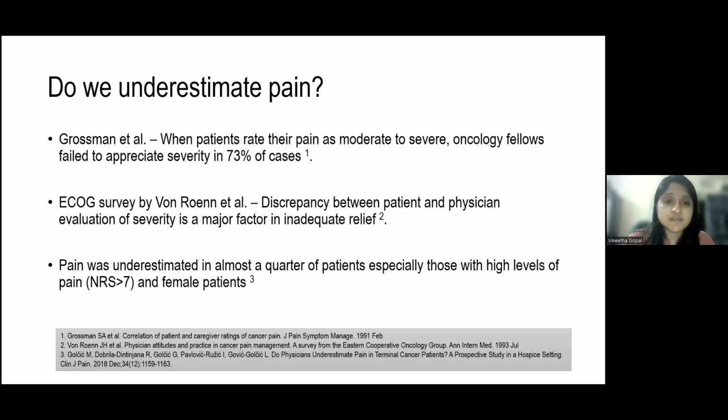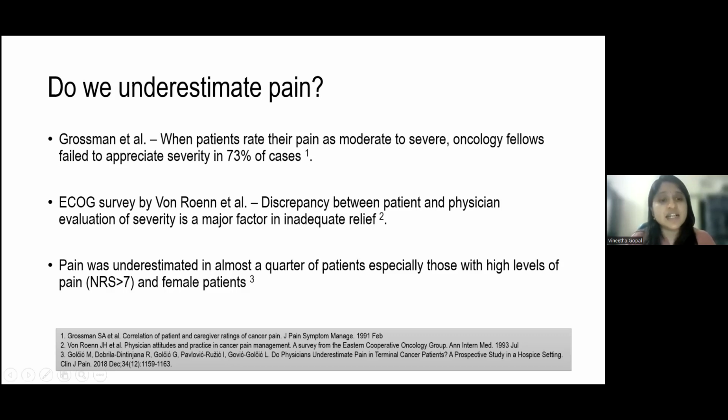And there is another survey which found a discrepancy between the patient and physician evaluation of severity. The patient says I'm having severe pain, but the physician thinks, oh, this is not severe. The patient does not appear to be in any kind of distress. He is doing all his routine activities. So that means he is not in pain. That discrepancy is a major factor, the most important barrier in giving adequate pain relief.